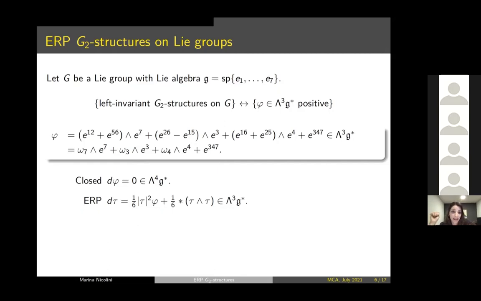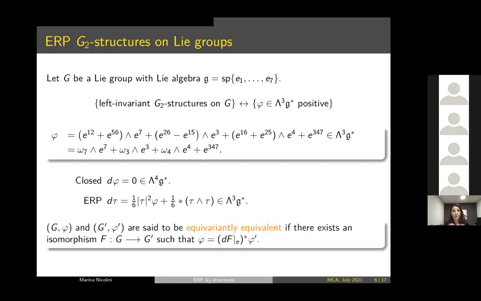The new thing here is that we can consider an equivalence relationship that was very useful to us. We say that two different G2 structures on two different Lie groups are equivariantly equivalent if there exists an isomorphism of the Lie groups, instead of a diffeomorphism, that preserves the G2 structure. Of course, if two G2 structures are equivariantly equivalent, they are going to be equivalent.